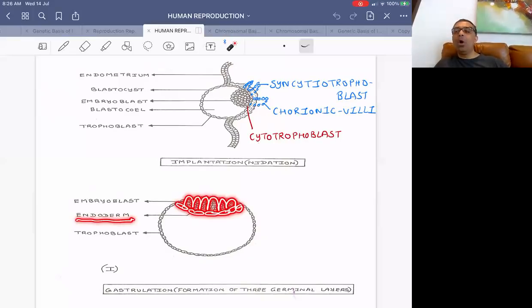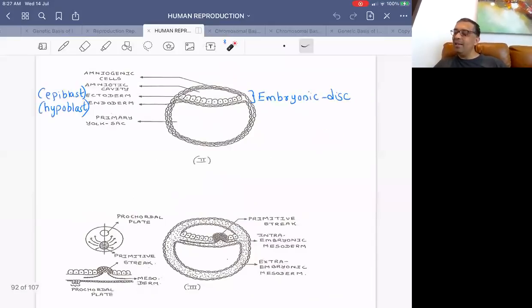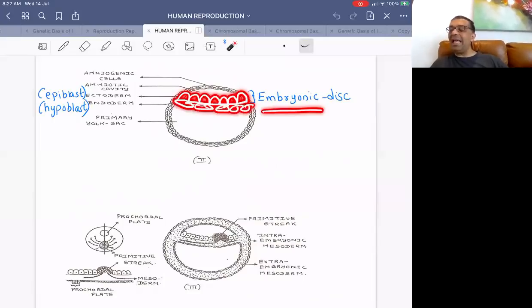Ectoderm, also called epiblast. Ectoderm cells sink. As they sink, they form a disc. That disc is called the embryonic disc. The entire baby develops from the embryonic disc.